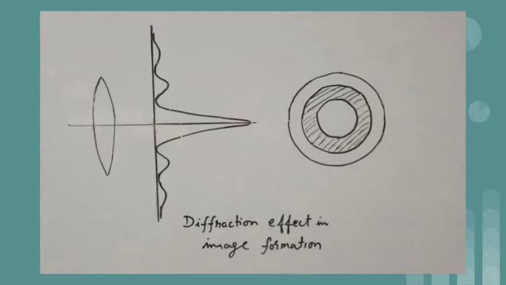Instead, it has a bright central circular region surrounded by concentric dark and light rings, as shown in the diagram. When we see two closely placed objects through the optical instrument, their images, which are diffraction patterns, may overlap and the objects could not be seen distinctly.